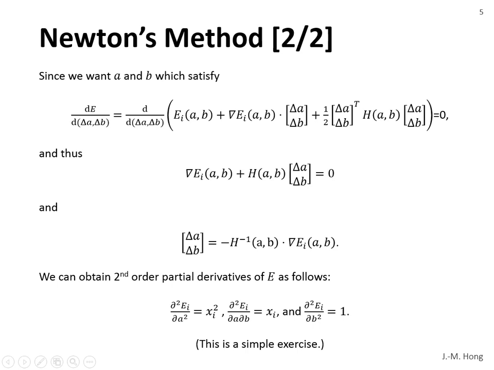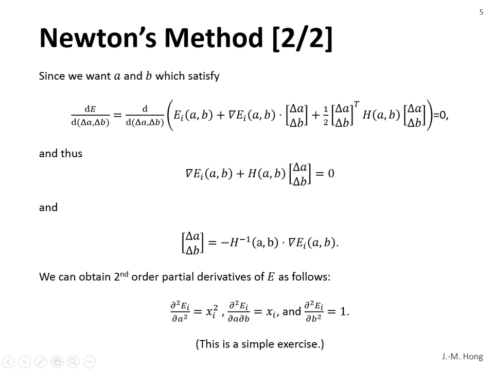Since we want A and B which satisfy this condition, this is the equation from the previous slide, and we want a condition like this: gradient E plus H times delta A, delta B equals 0. I told you that we want to find delta A and delta B, right?